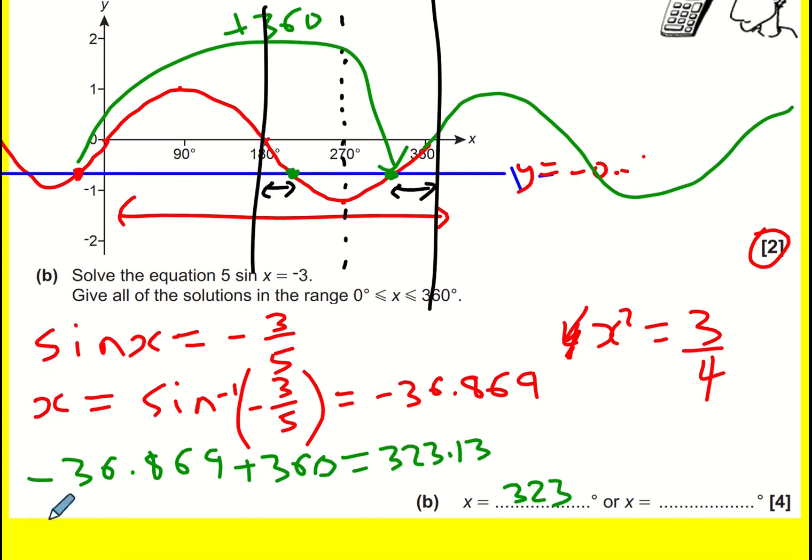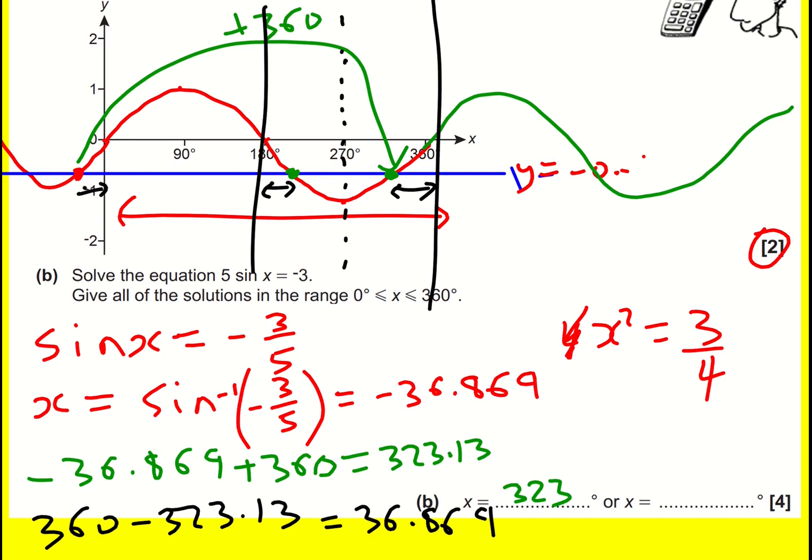So I want to work out what 360 minus 323.13 is. That's actually going to be 36.869. And you can do that in the calculator if you want, but the fact is that that distance there is also 36.869.